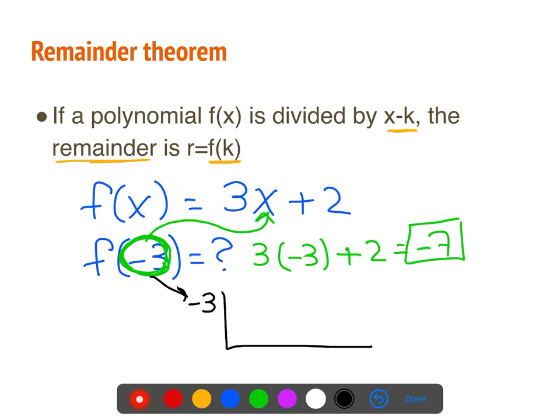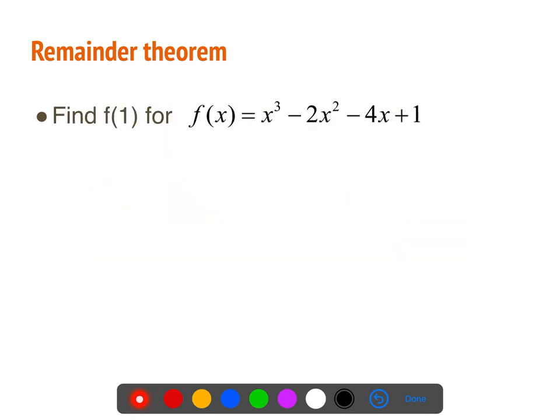That's what they're saying. And they're saying that this answer, -7, goes here as the remainder. So let's practice it.